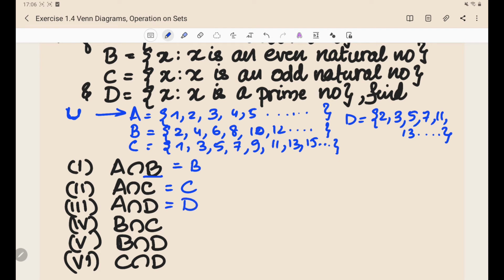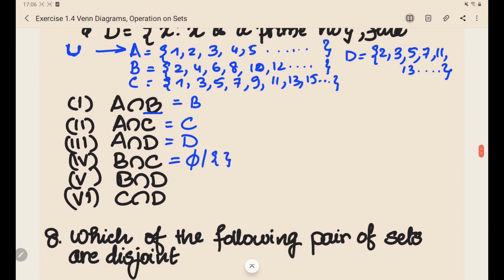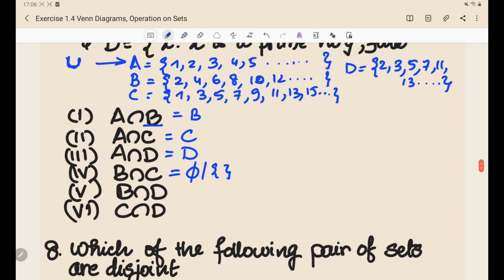B intersection C. B is what? The set of all even natural numbers, and C is the set of odd natural numbers. You can see that they don't have any common elements, and you can represent it using the empty set or the null set. Anyway, both the representations are fine. Again, B intersection D. B is the set of all even natural numbers, and D is the set of prime numbers.